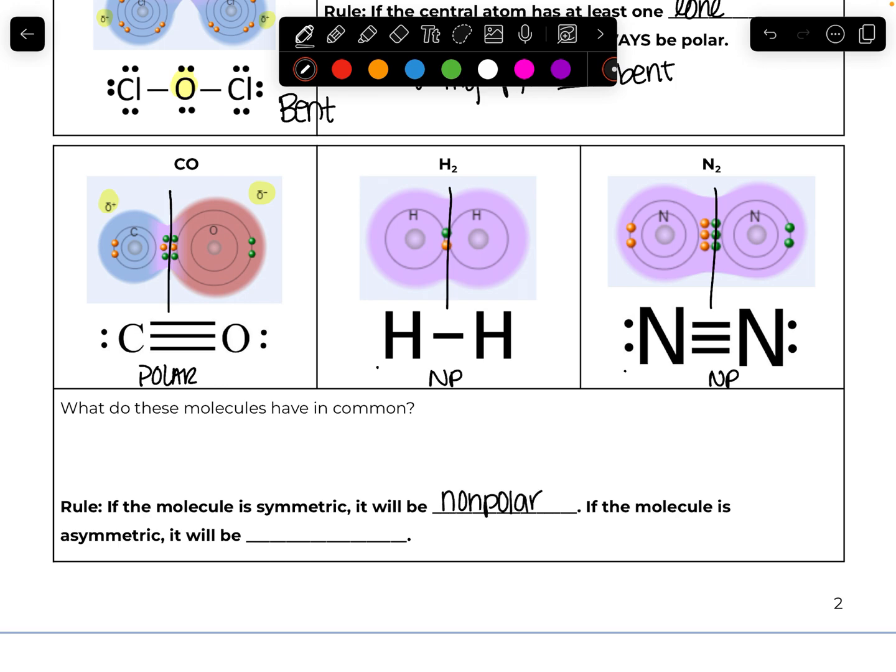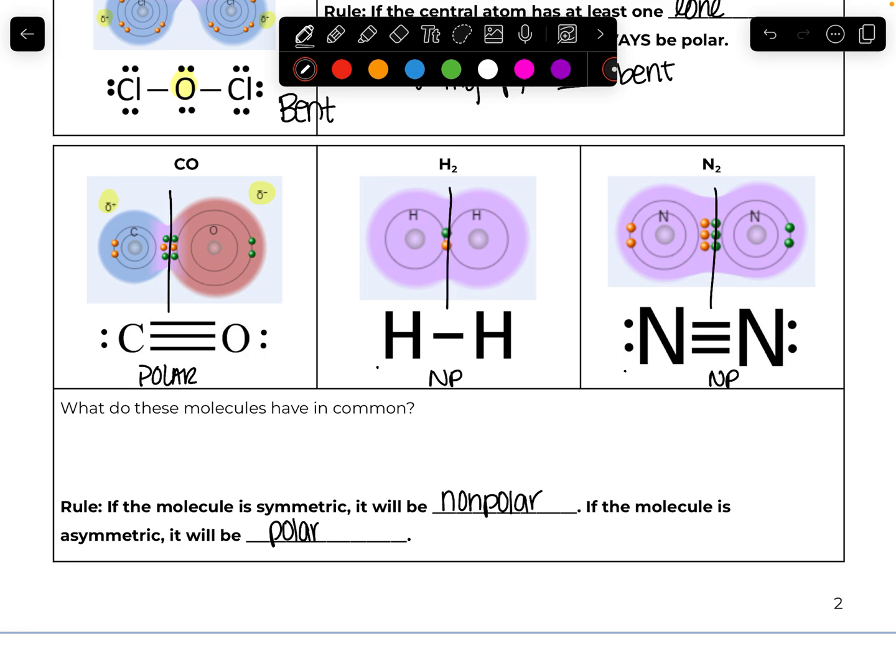There are no differences in electronegativities pulling electrons in one direction, which causes the molecule to be nonpolar overall. What if a molecule looks like CO? You have something that's asymmetric now, not the same across the whole molecule. Well, clearly, if it's not the same across the whole molecule, then we're going to have electrons that are being pulled in one direction, which is going to cause this to be a polar molecule.